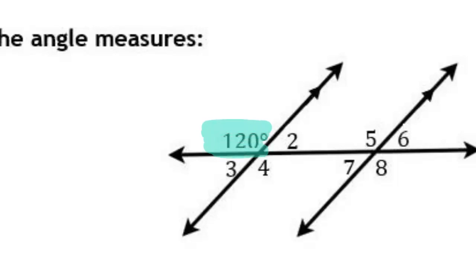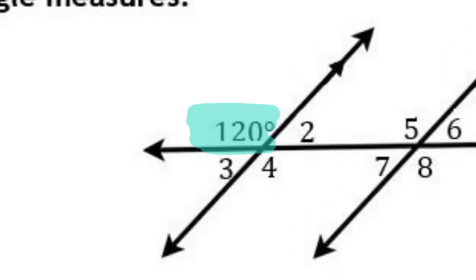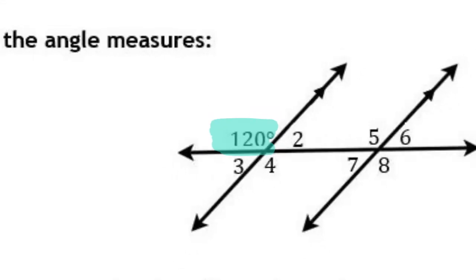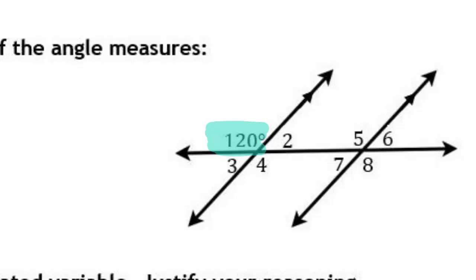So I'm looking here at angle 1, this 120-degree angle. I see another angle up here that is the exact same size, that is also 120 degrees. What would be another angle that's exactly 120 degrees? Angle 4.